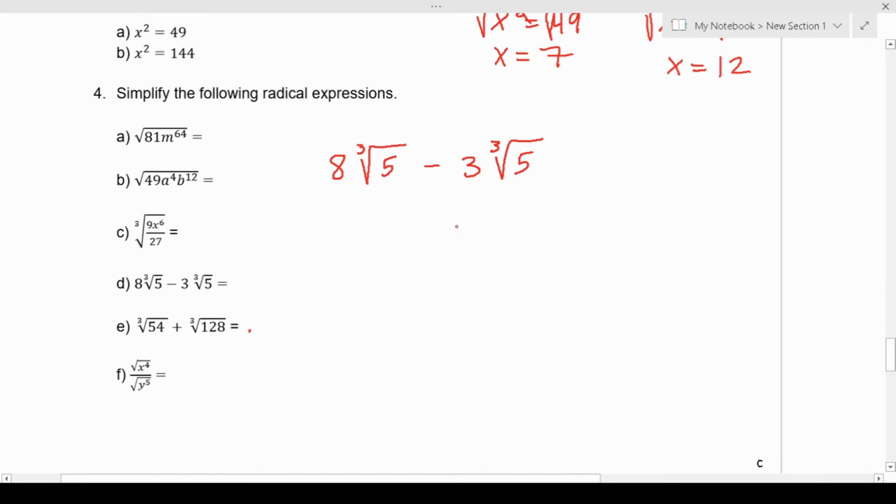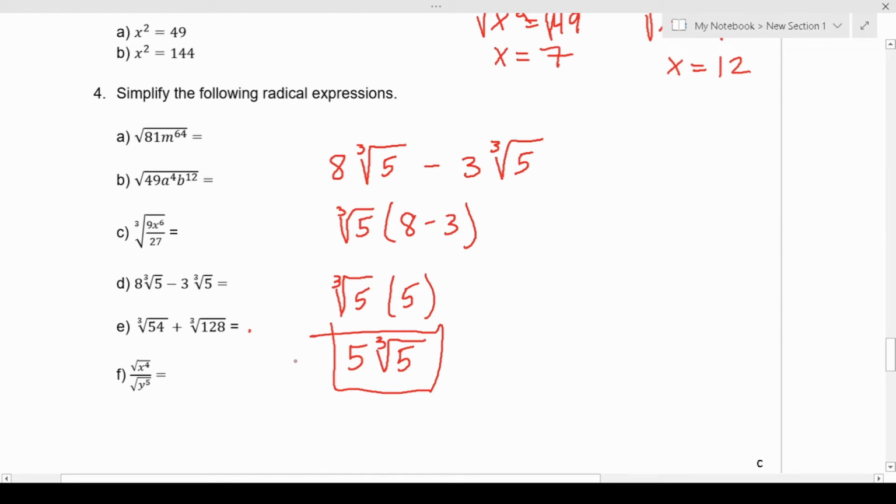In this case, it should be obvious that we can factor out a cube root of 5, which will leave us with this, 8 minus 3. 8 minus 3 is 5. So we can see that this simplifies to cube root of 5 times 5, which we can rewrite as 5 times the cube root of 5. And that is this one in simplest terms.